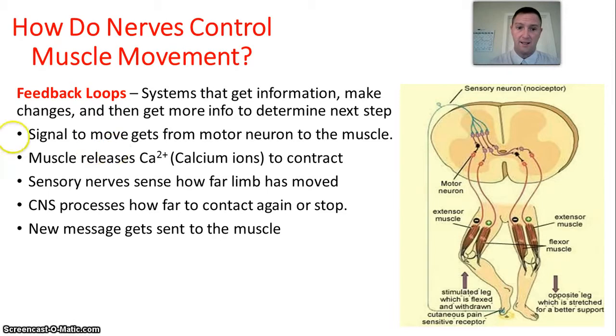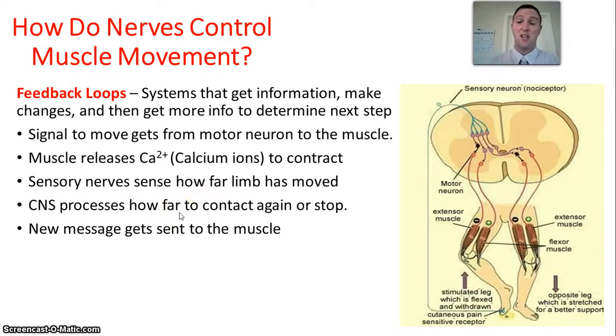Vroom, I contract. That's going to move my limb or my finger or my jaw or whatever muscle I'm doing. And then I need sensory nerves to say, okay, I told it to move. Did it move? Did I hit anything? How far did I move? Sensory nerves send that information back to the central nervous system.